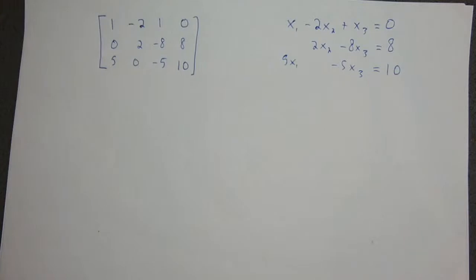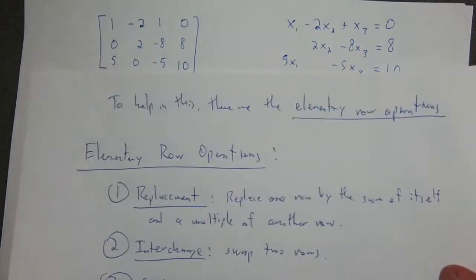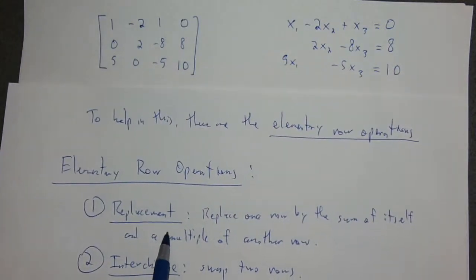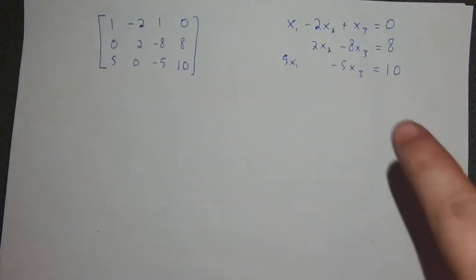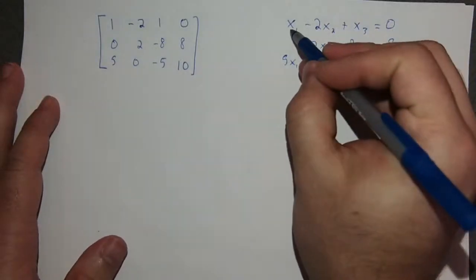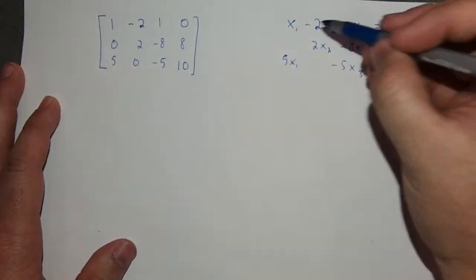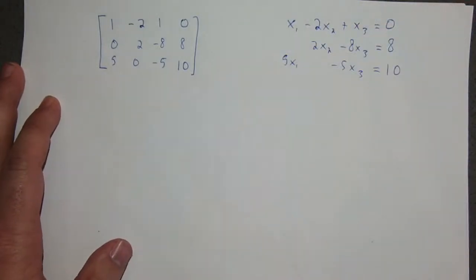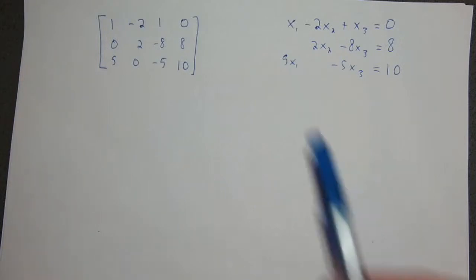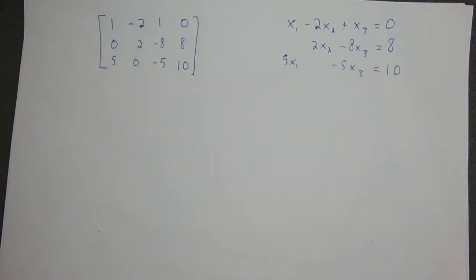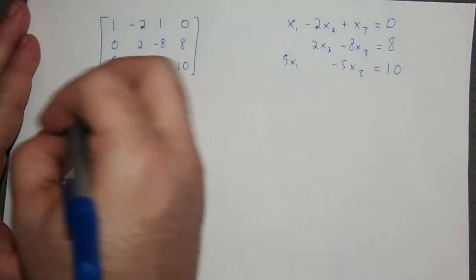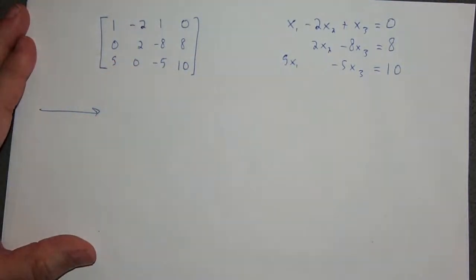So the row operations that I have at my disposal, I want to use replacement here. Okay, that's how I'm going to cancel these out. I am going to multiply the first equation by minus 5 and add it to the third equation here. Okay, so to keep track of that, I'm going to say that my first row operation is replacement.